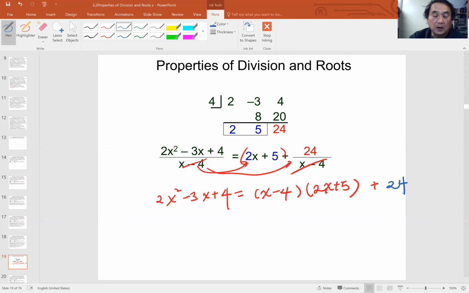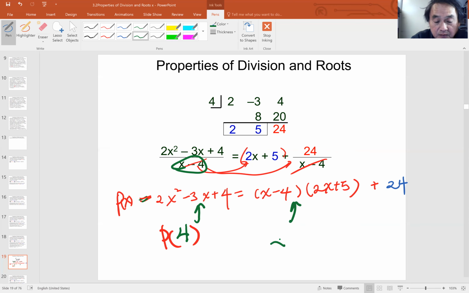Notice, if I call this polynomial p of x and I want to plug in the number 4, why 4? Because 4 makes x minus 4 equal to 0.